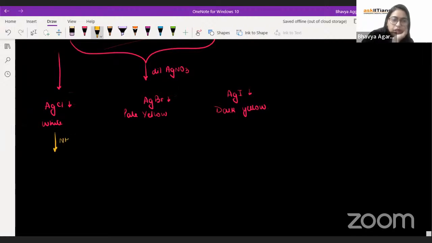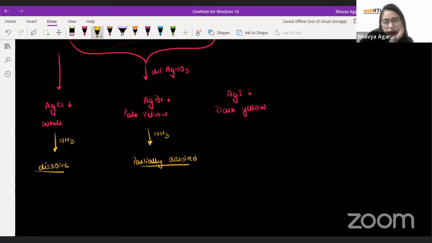When you treat it with ammonia, the first precipitate dissolves. In the second case, it gets partially dissolved, not completely. And the last one, AgI, does not dissolve. So that's how you can further distinguish, and this is further confirmation. Does this make sense to you?